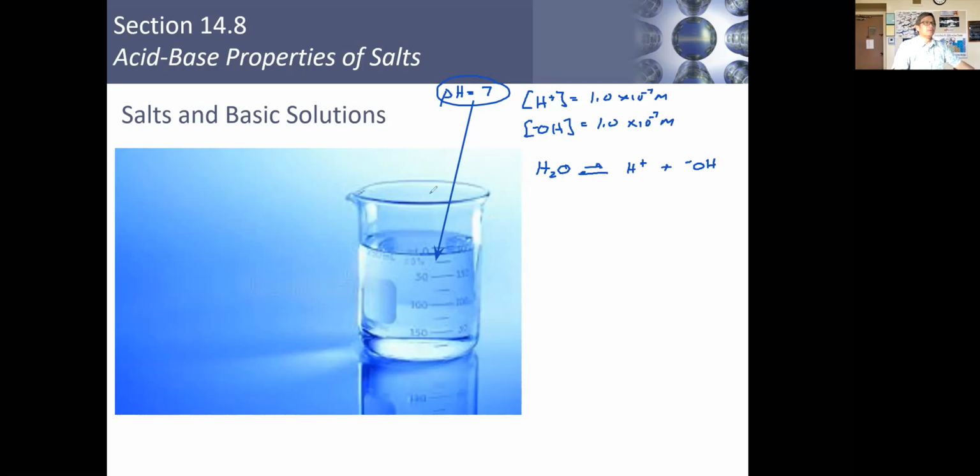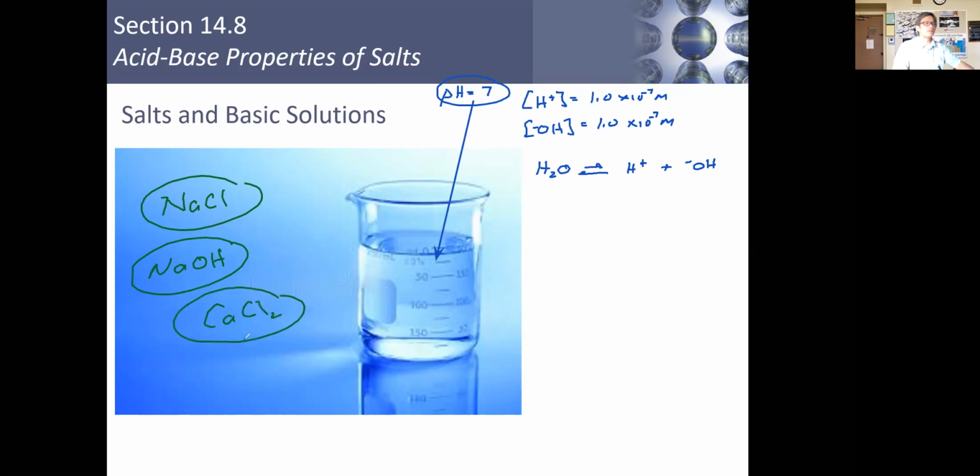Now, if we add to this an ionic compound such as sodium chloride, or add to the water a compound like sodium hydroxide or calcium chloride, these are all ionic compounds.